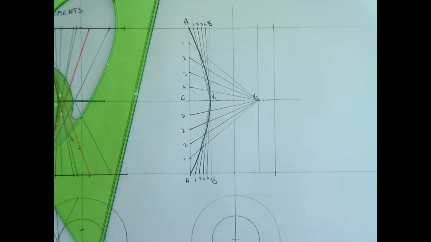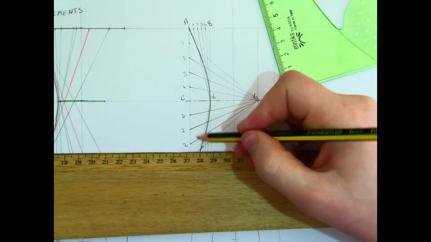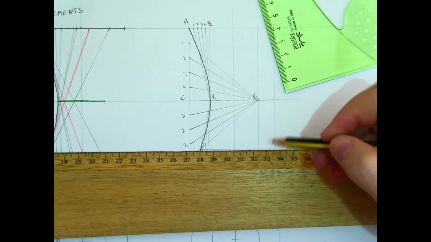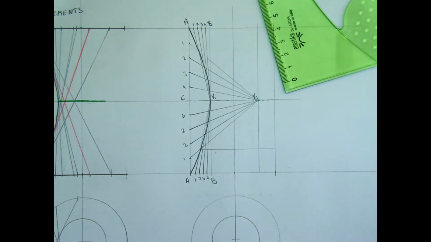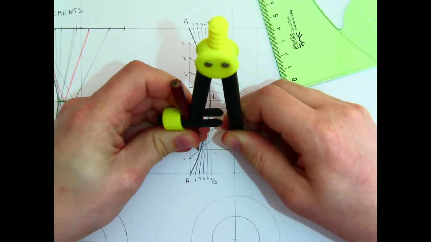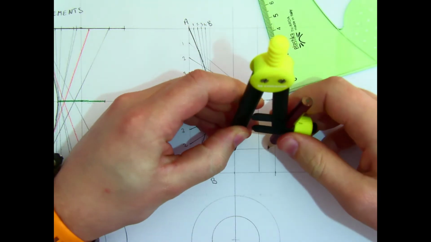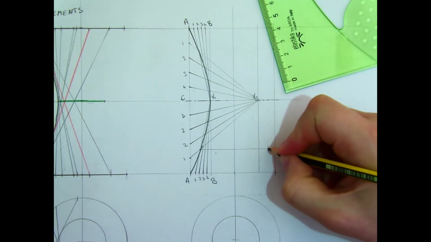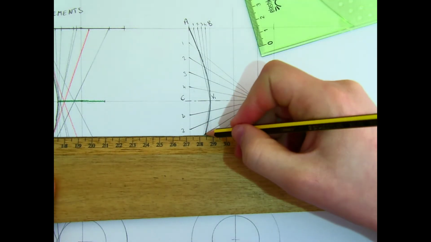To find the same points on the opposite side, you can use an axial symmetry. So if I was to take this point here, across my axis, measure the distance that it is on this side, same distance on the opposite side, that's 1 point. Do the same thing for the others.